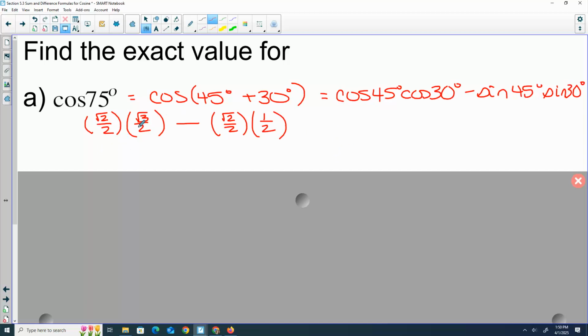So if we multiply, radical 2 times radical 3 is radical 6. 2 times 2 is 4. And so radical 2 times 1 is radical 2 over 4. You can leave it like that, or since they do have a common denominator, you are welcome to write them as a single fraction.